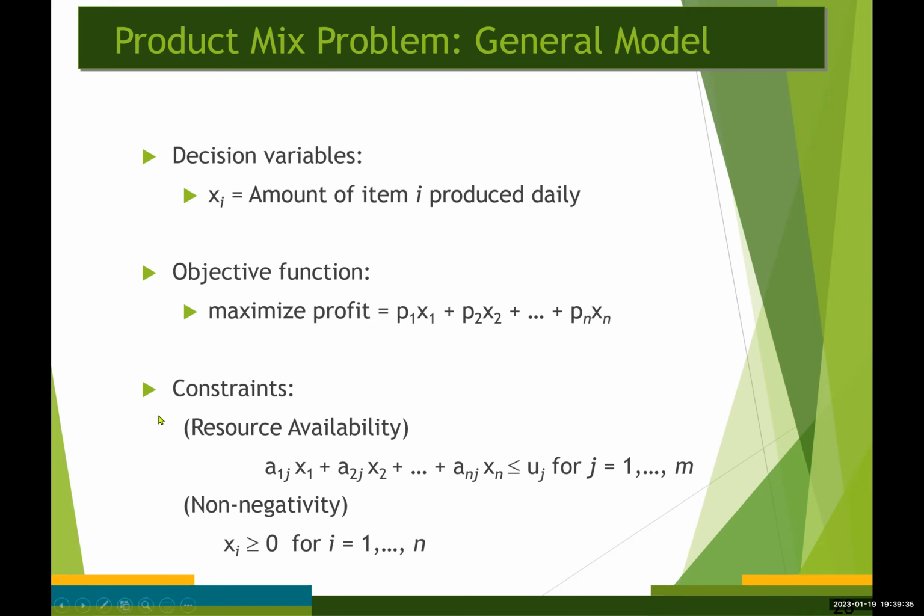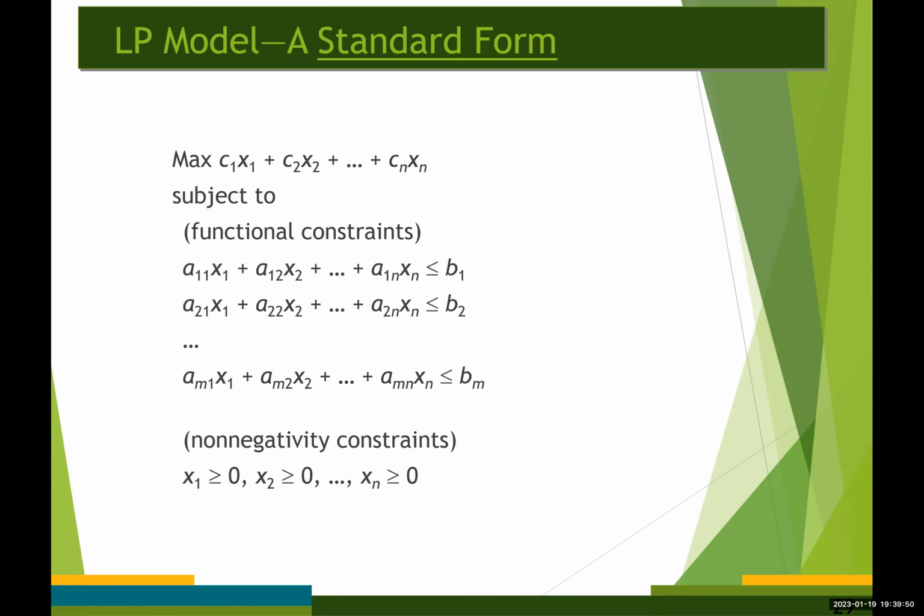So the constraints in the product mix problems basically represent the resource availability constraints. Also, we do need non-negativity restrictions, right? And the standard format of the LP with the maximization problem would look like this, okay?